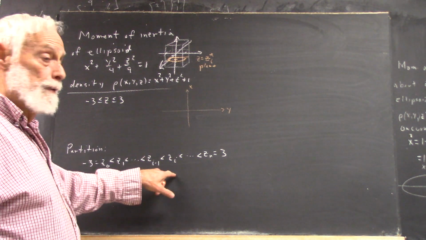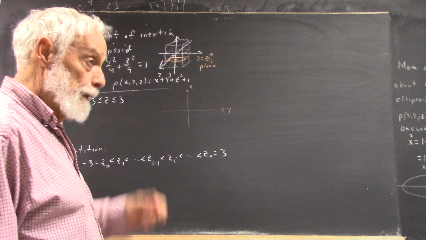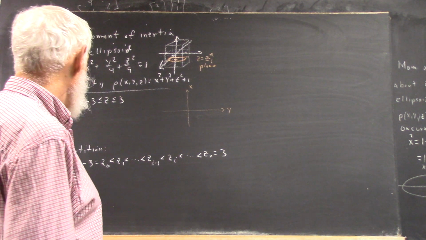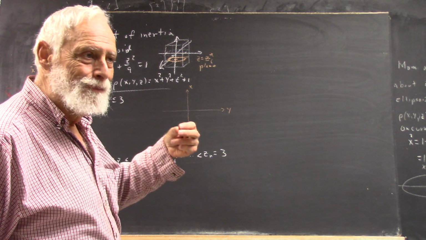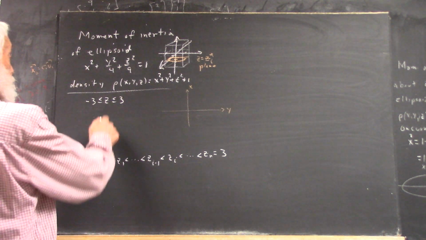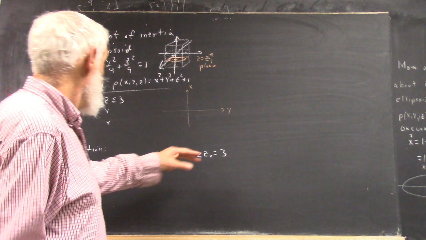So we have a typical interval. Now what we want to do is partition this so that a typical point, xi star, yi star, zi star, doing it in the order you chose to do it because you did y next, and then you did x, okay? And let's just see where we're going.